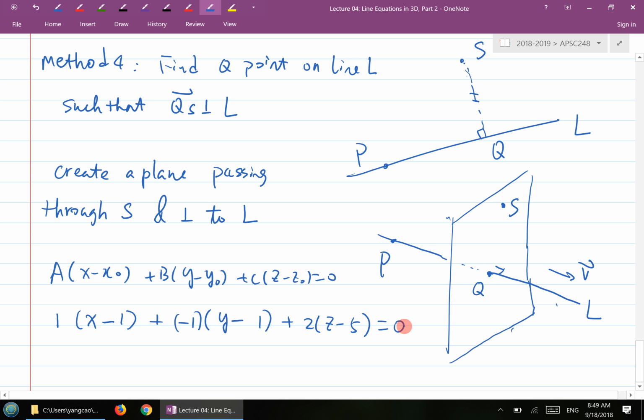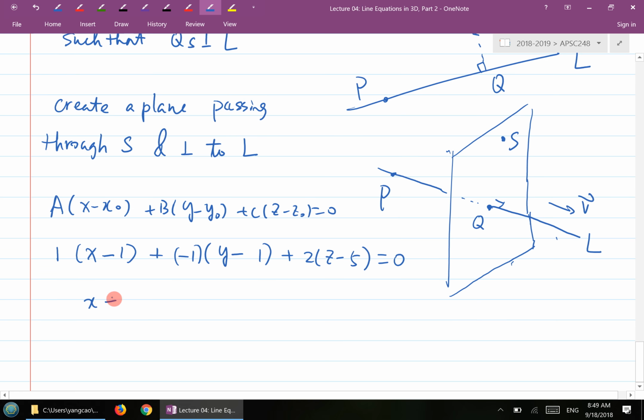That's your plane equation. Let's simplify this a little bit. You get x minus y plus 2z, and what are the constants here? So 1 plus -1 is -1. -1 multiplied by -1 is +1, so that actually cancels.